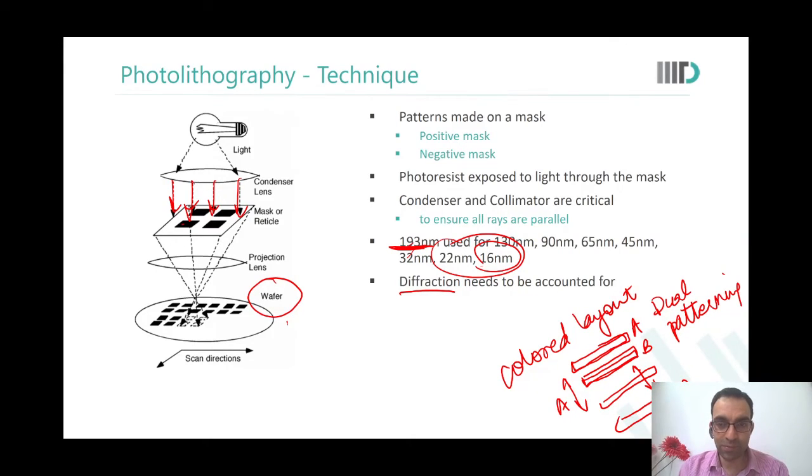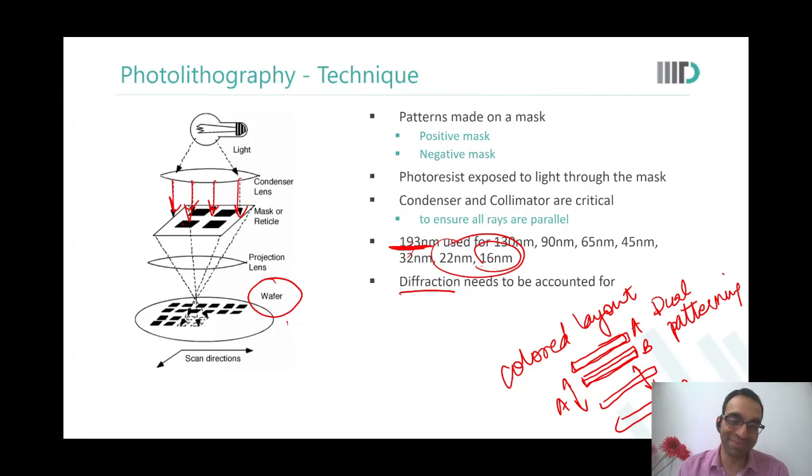In 16 FinFET or in advanced technologies, you will see poly is also in 2 colors, red and yellow, let us say. It represents the poly layer, but it is in 2 colors because they are coming from different masks, and you want to manufacture them in different masks. This is because we want to counter the effects of diffraction, because we want to use this cheaper source of light, 193 nanometer light, as long as possible.